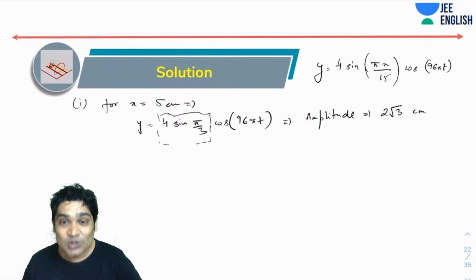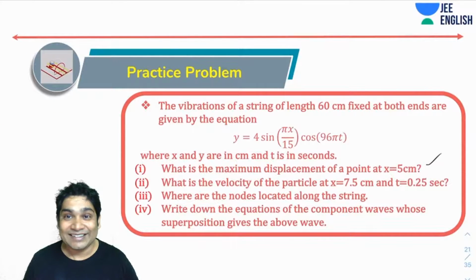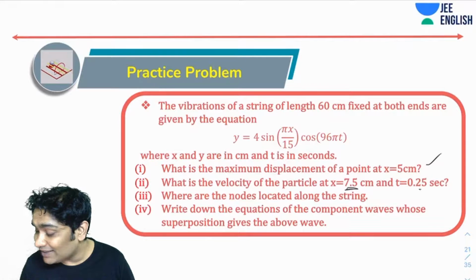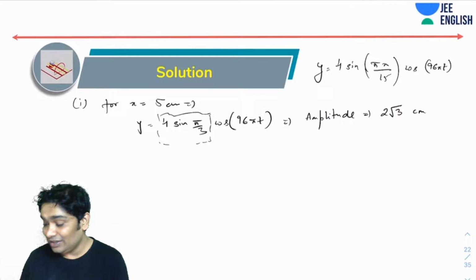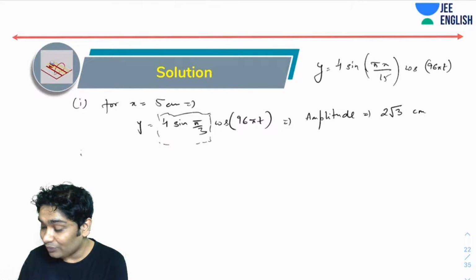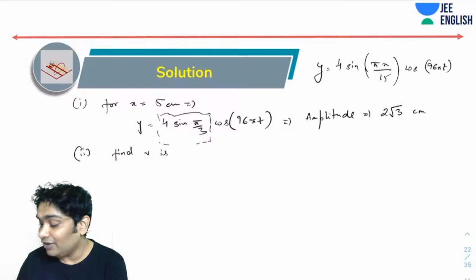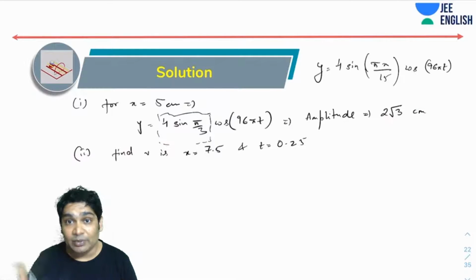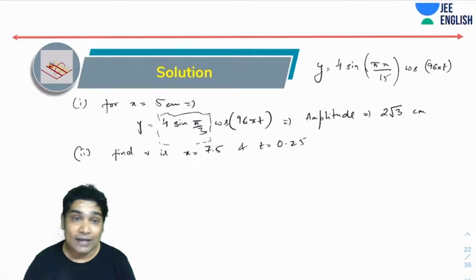So Vanshika has given me all the answers. Similarly, you have to find next the velocity of the point at x equals 7.5 at t equals 0.25. For part 2, I first need to find the SHM equation for the particle located at 7.5.